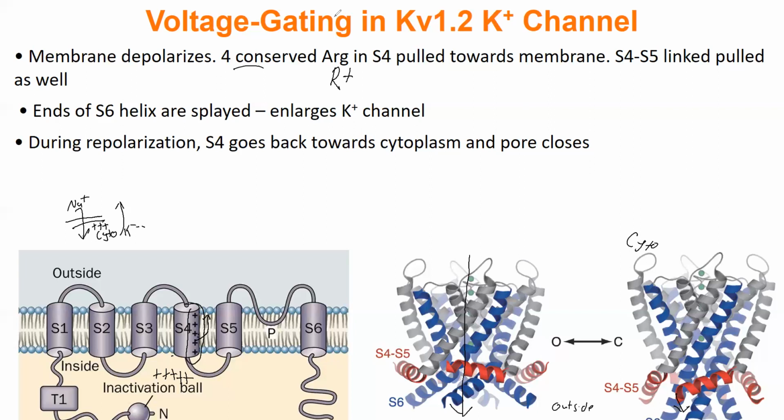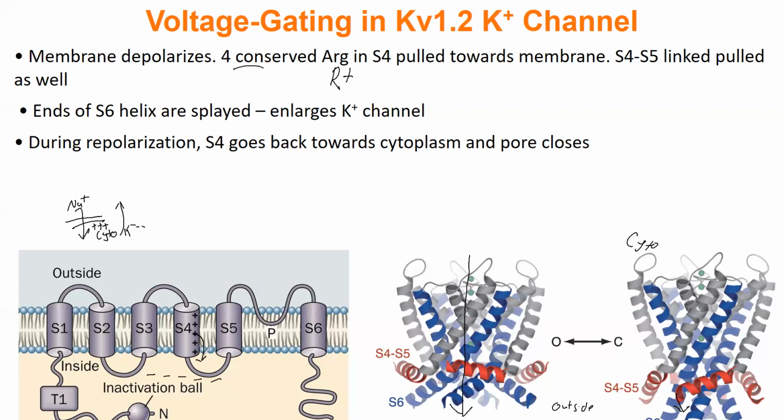Once potassium has left the cell, and the cell becomes negative again, so let me change that up. Once the cell becomes negative again, this helix will be attracted to the inside of the cell again.